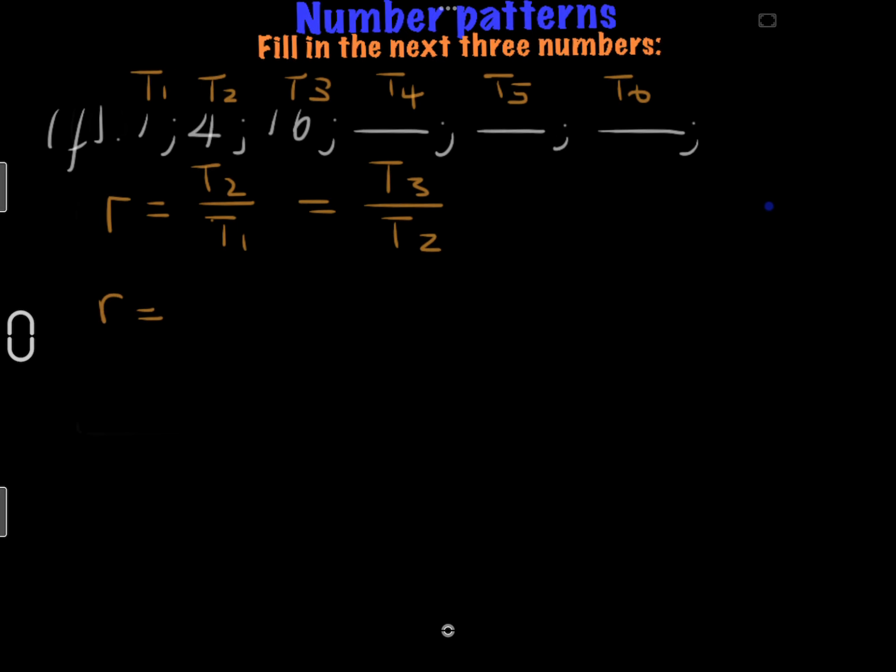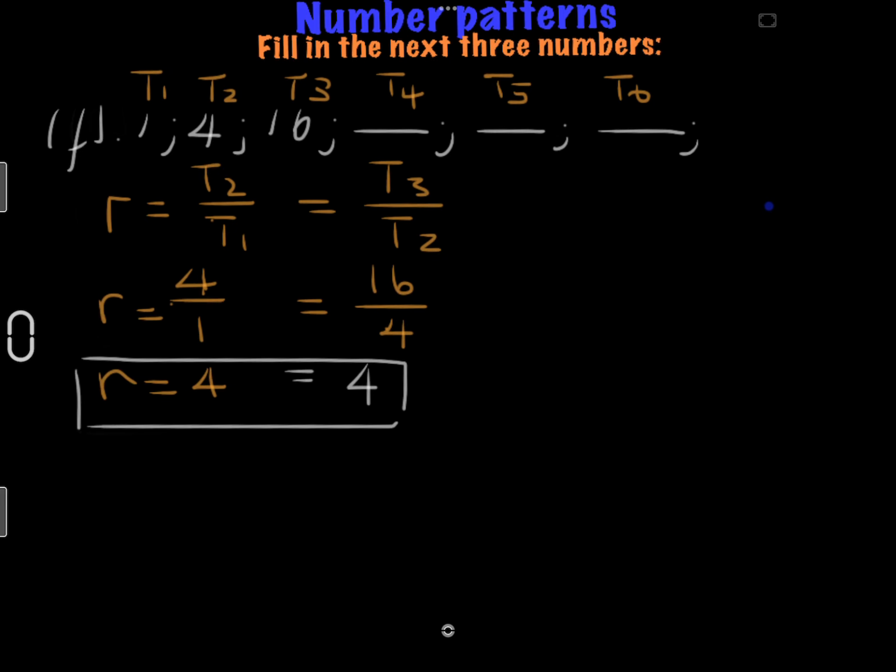R is equal to 4 divided by 1, which gives us 4. Also 16 divided by 4 gives us 4. Because I have a constant ratio on either side, I can take my R to be 4 and my A to be 1.